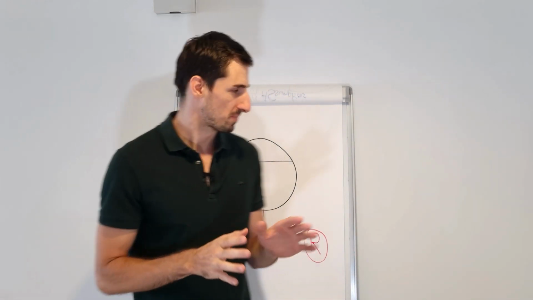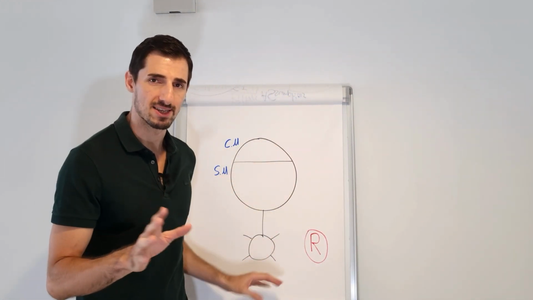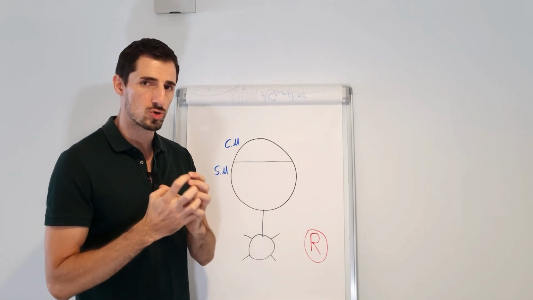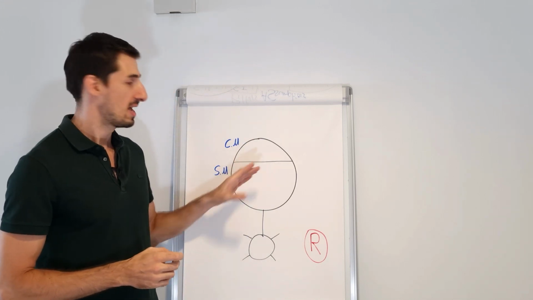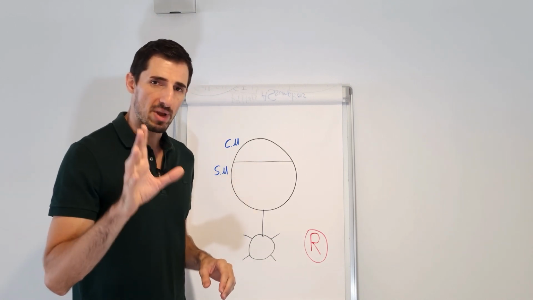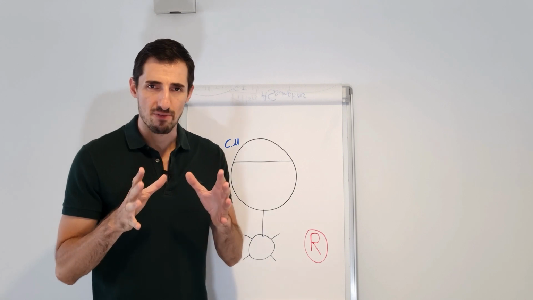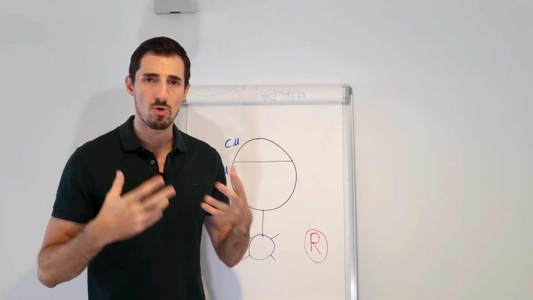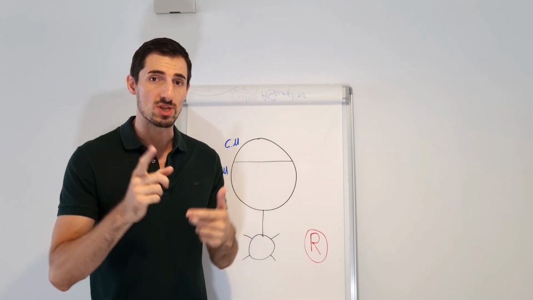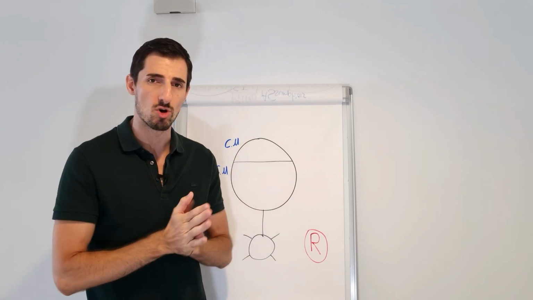Now, here's the thing. If this is a simplified drawing of your mind, we could say that your mind is broken into two parts. We have the conscious mind on top and the subconscious mind at the bottom. Your beliefs, your self-image, your self-concept, all that information, memories, all that data that you have, create the filters that we talked about in the previous video about the law of assumption.